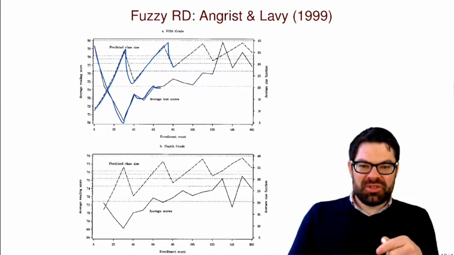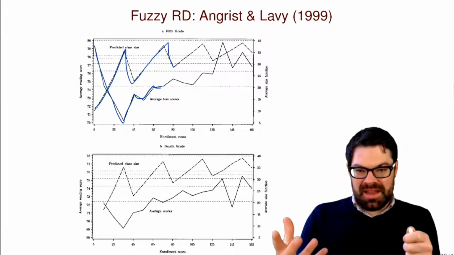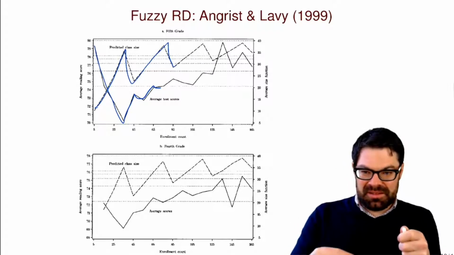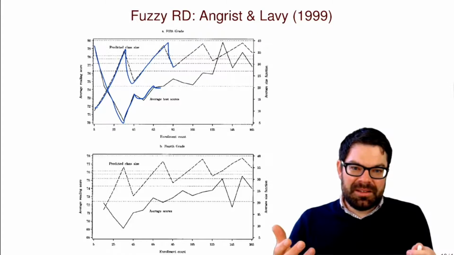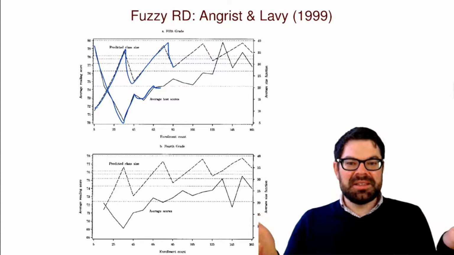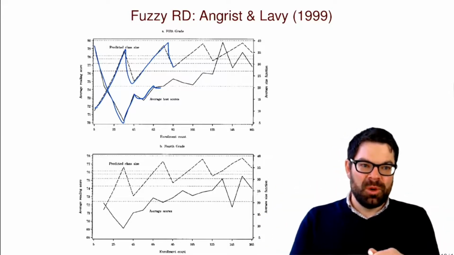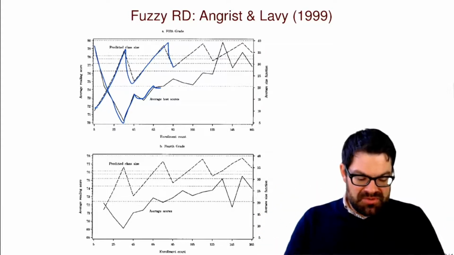If nothing else changes at those thresholds except the size of the class and the number of classes that get formed, why should we expect those strong kinks in the outcome if it wasn't for the class size? So that is very strong evidence.